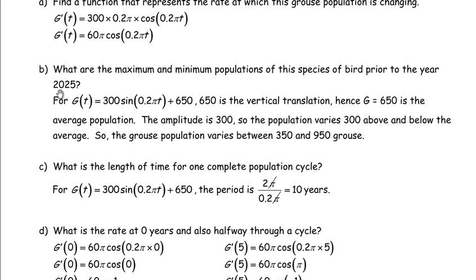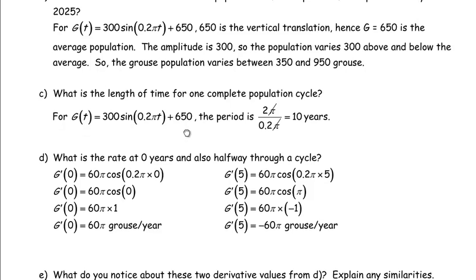For this function, the plus 650 is the vertical translation, so g equals 650 would be the average population. Since the amplitude is 300, the population varies 300 above and 300 below the average. So 300 above 650 would be 950, and 300 below would be 350. So it's varying between 350 and 950 grouse.